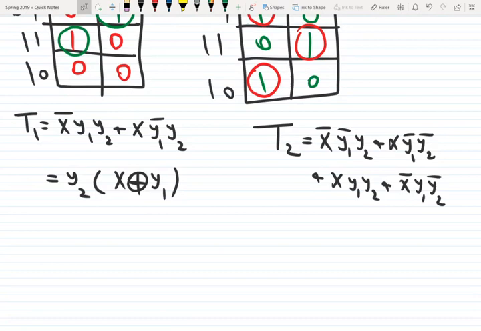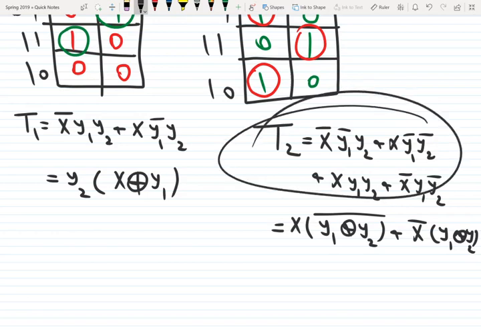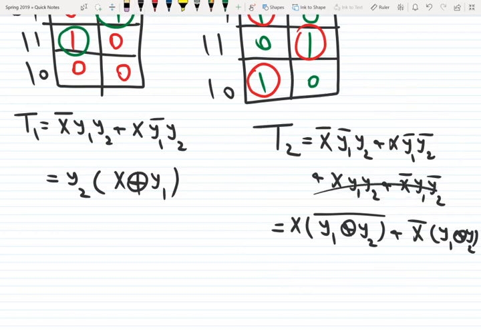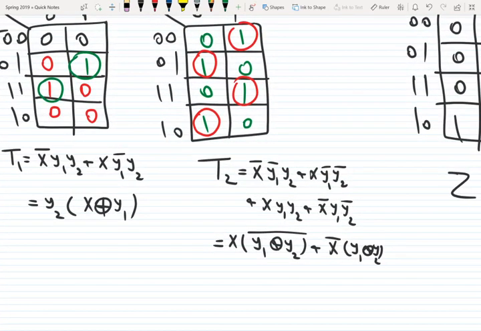We can factor out x from two of them and say it's y1 XOR y2 times x, plus x bar times y1 XOR y2. I simplified these four in this form. Okay, so this one is the second, this one is T2.